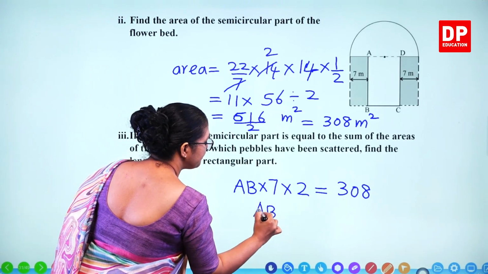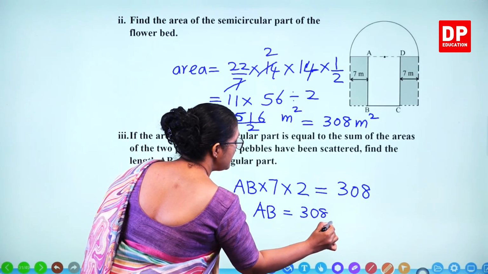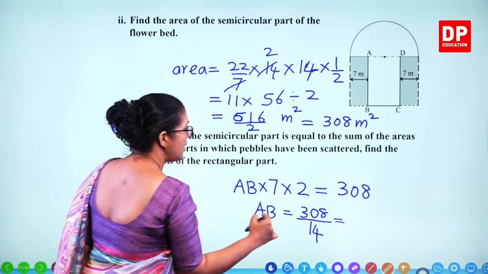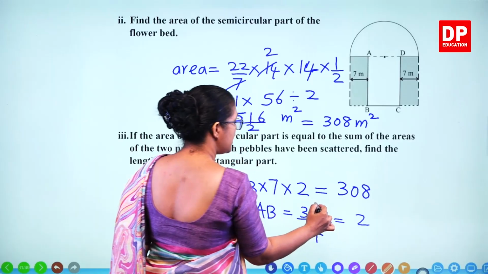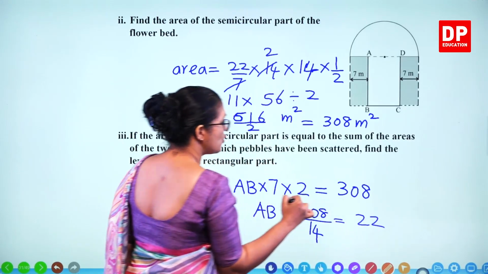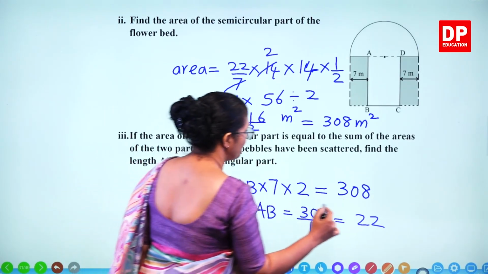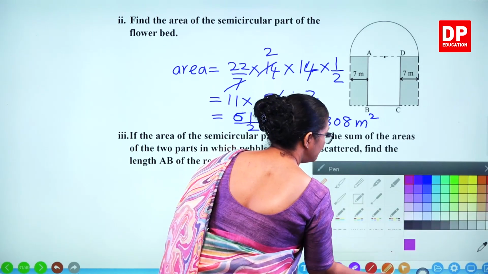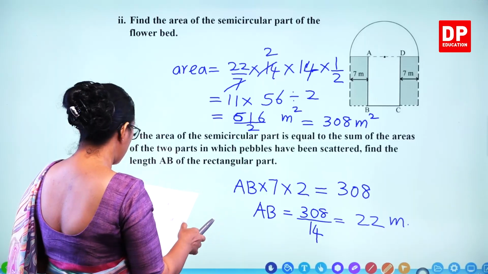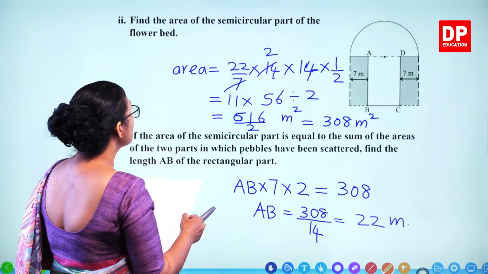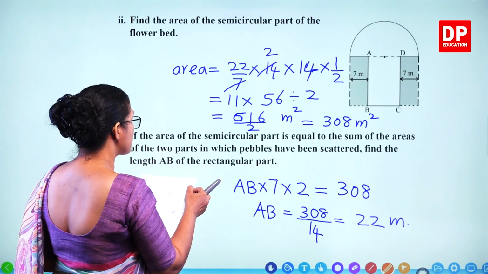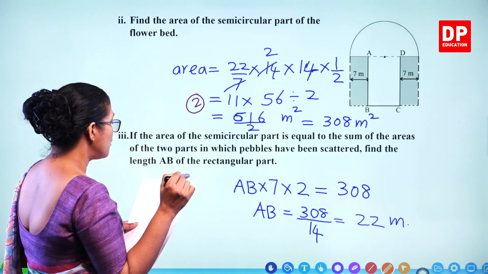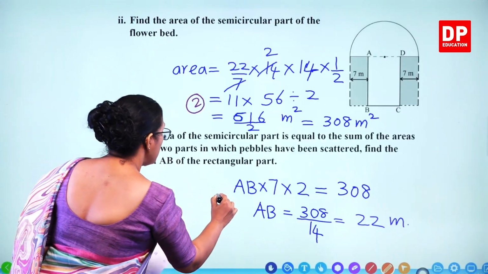AB becomes 308 divided by 7 times 2, 14 here. 14 times 2, 28 and 2 remaining and again 2. 22 meters. So how many marks? You get 2 marks for finding the area of the semicircular part and 2 marks for finding the AB length.